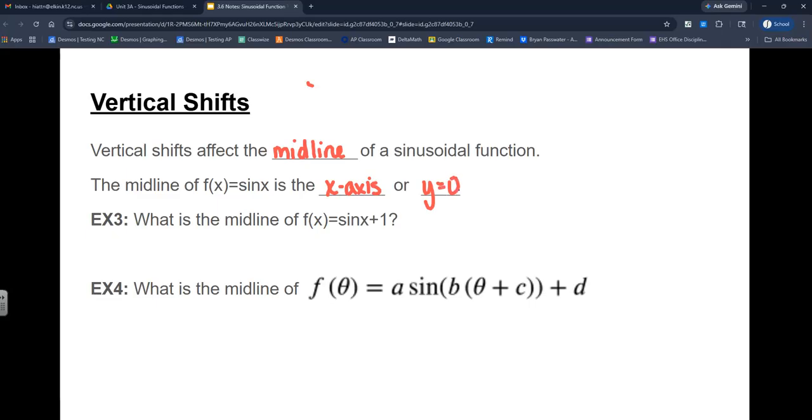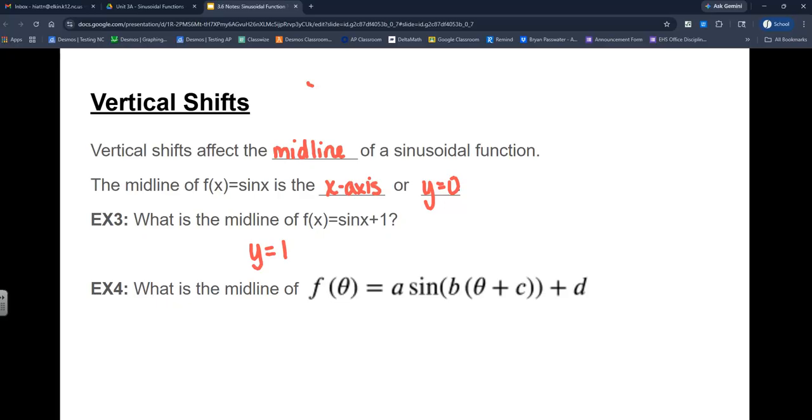So if we see a question like example 3 where we're asked for the midline of f of x equals sine of x plus 1, this is just a graph of sine of x shifted up 1, which is going to also shift the midline up 1, and our midline here is just going to be 1.